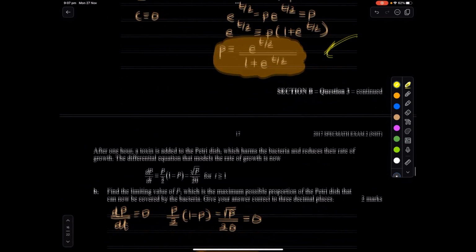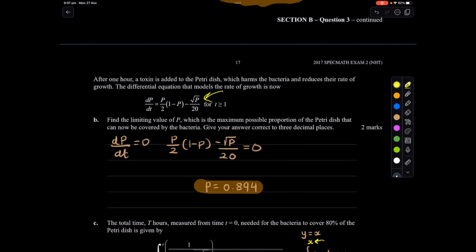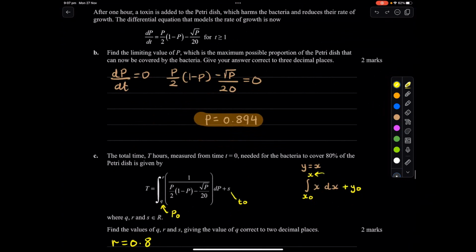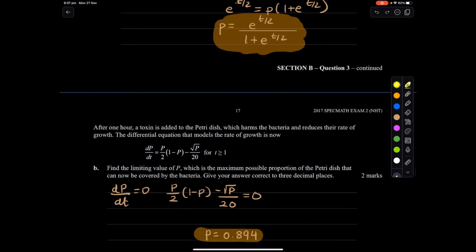And what's happened is, after 1 hour, they've put this over here, which now reduces that bacteria. So think about it like this. If I was drawing, for example, let's call this graph over here the bacteria by itself, and it passes through this point over here. And this here is the time. So imagine this whole graph.